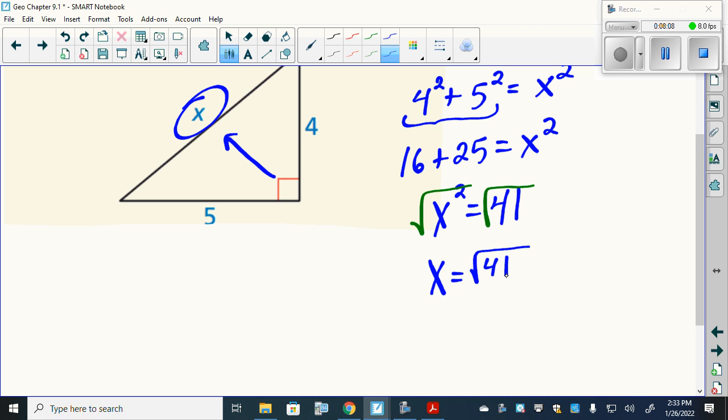Because the square root of 41 does not have a perfect square. It doesn't have a whole number that times itself will give us 41. Now, if you hit the button right above enter as the approximation, it'll tell us that it's approximately 6 point. Did it give you a decimal? Hit the button above enter at the very bottom.